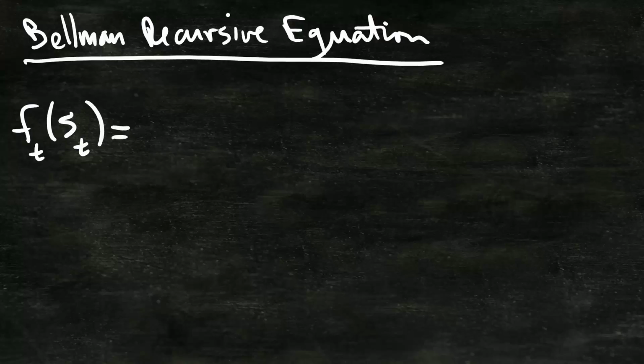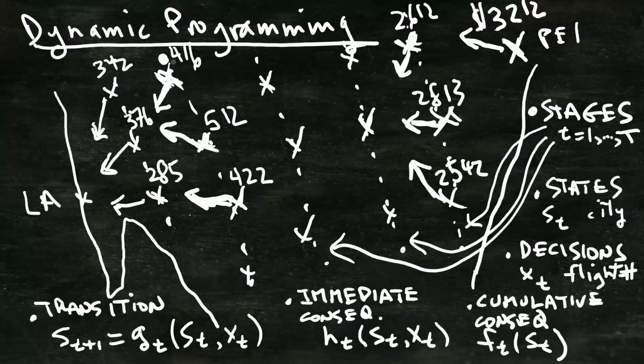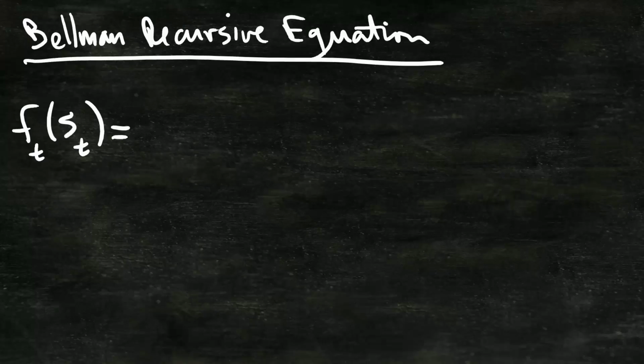In other words, if I want to know how to derive this 416, it will be an optimization. It could be either a min or a max, but in this case, I'm trying to find the maximum benefit. So it's a max over all possible flights that I could take.